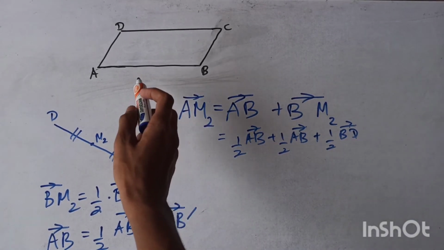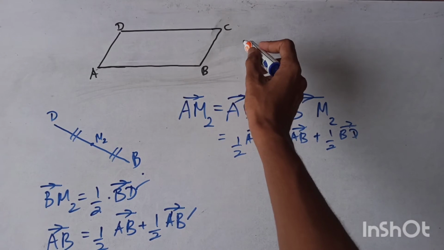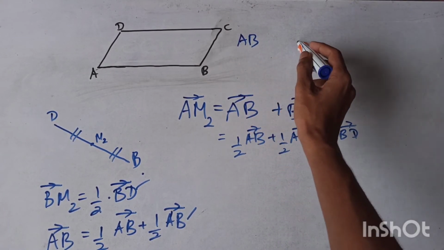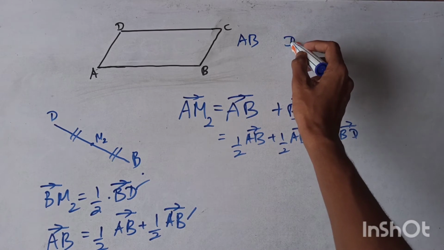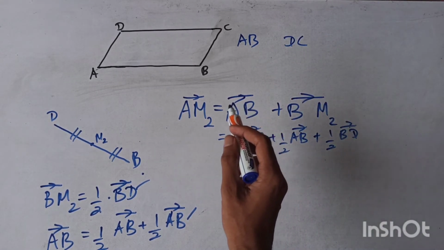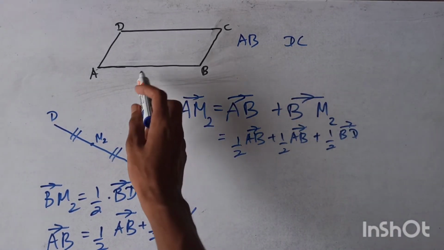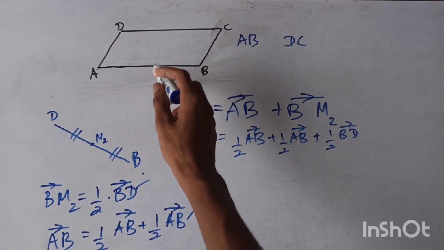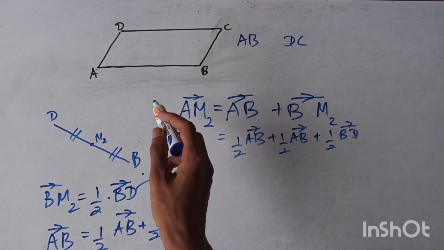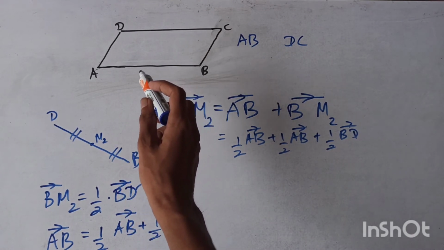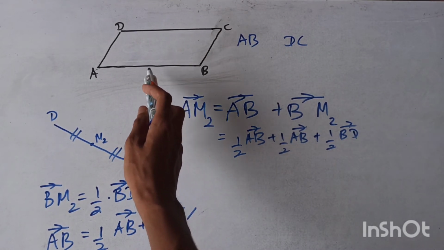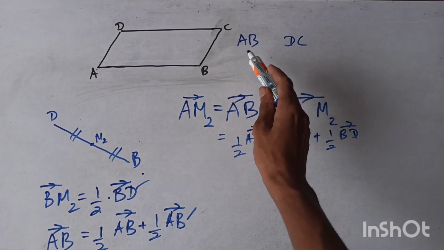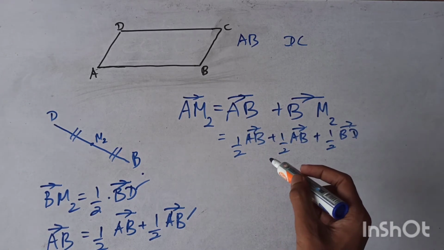Take a look at these two sides, namely AB and DC sides. What can we find out about them? The magnitudes are equal because these sides are on a parallelogram. They are also parallel, so they have same magnitude and same direction. Therefore, these two sides are equal vectors.